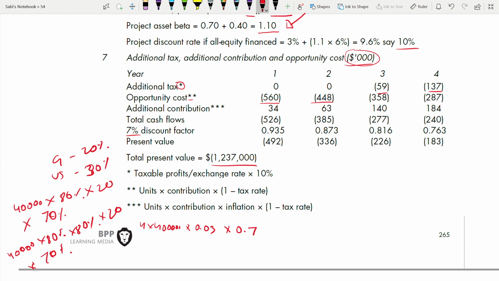And the contribution which they are losing, it is... so opportunity cost, additional contribution.